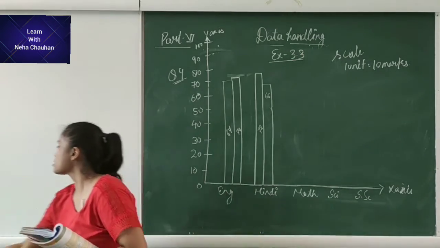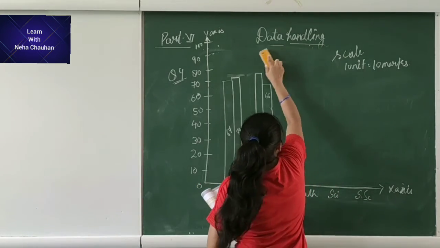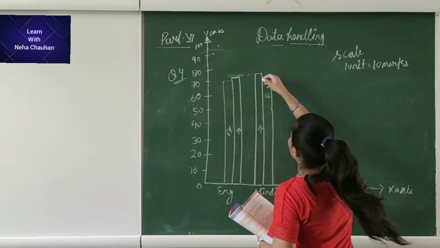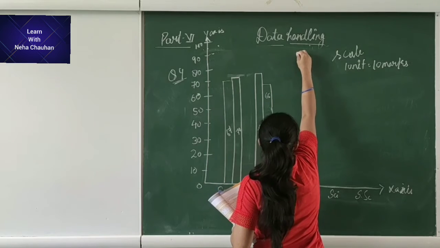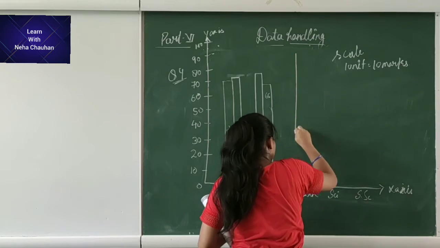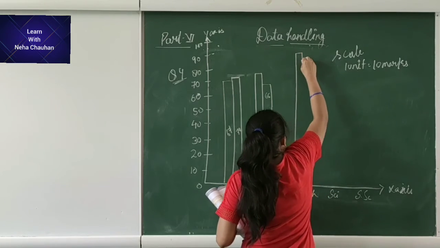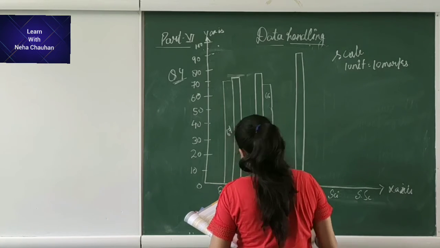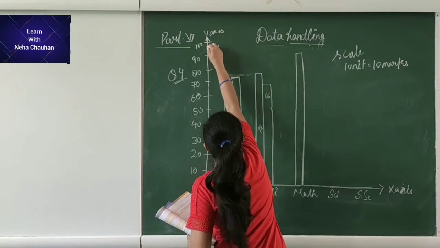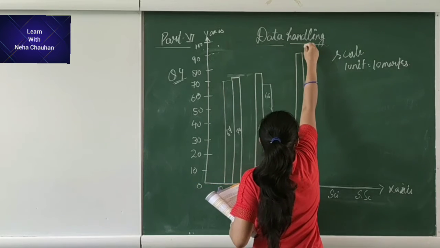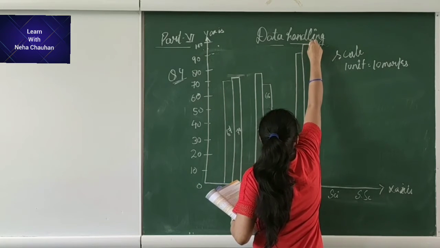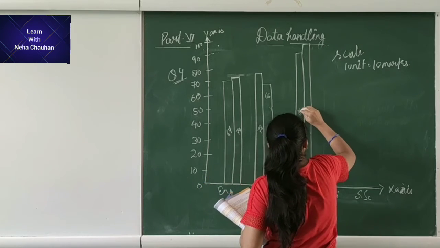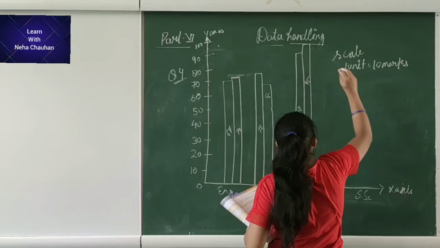Let's erase. In maths, 88. Okay. And in the second semester, he scored 95 out of 100. 88 and this is 95.